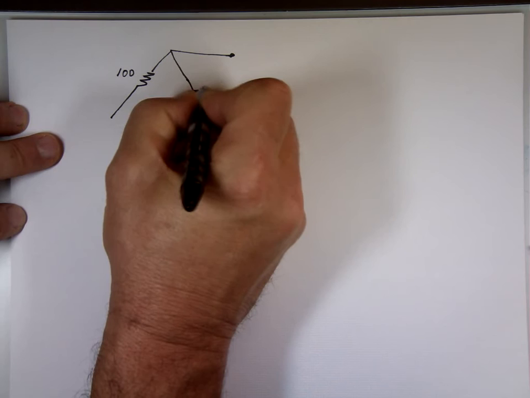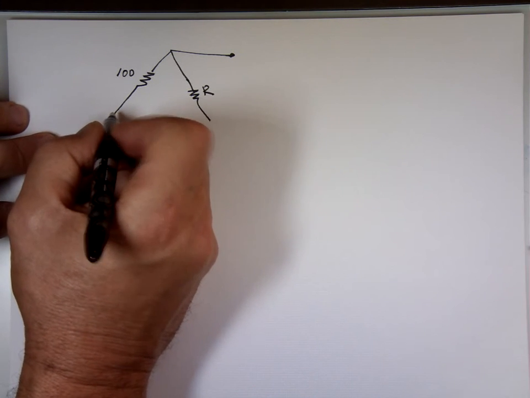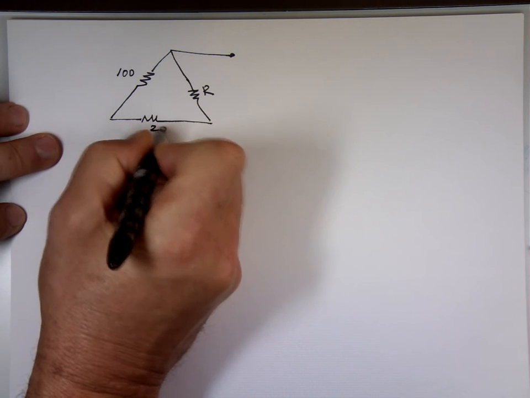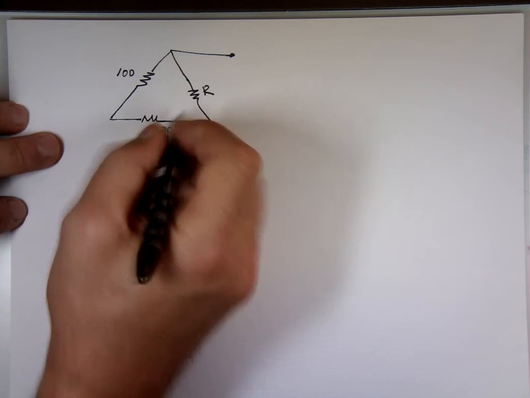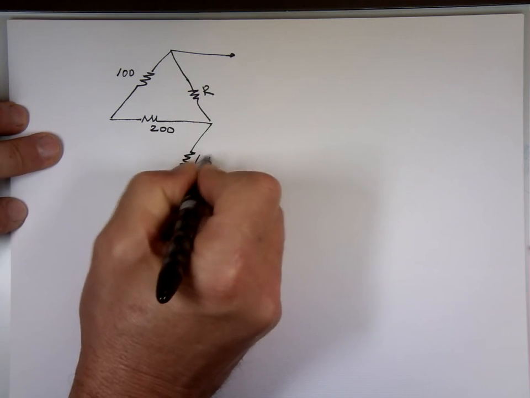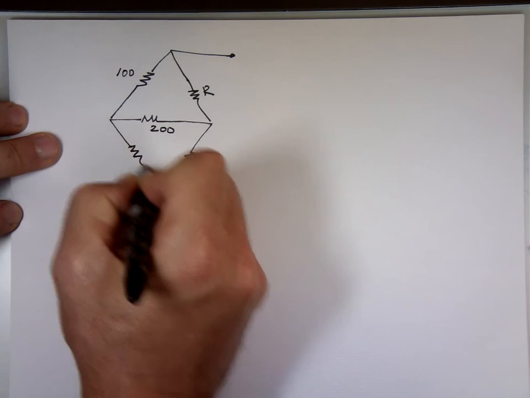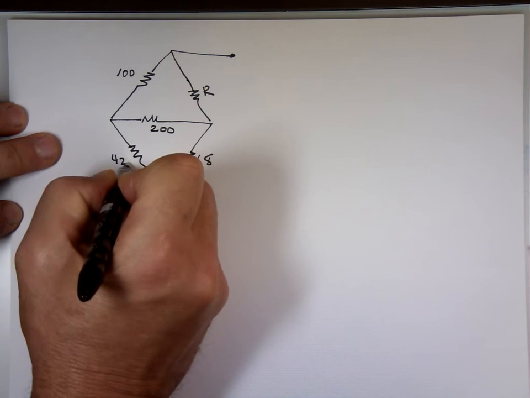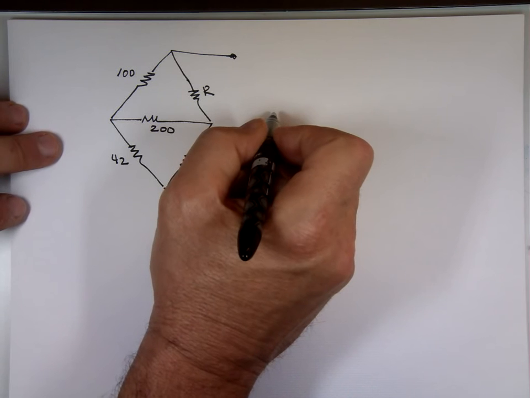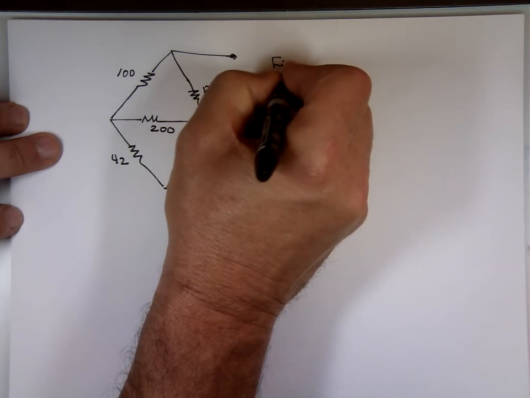This is R. I'm not telling you what R is. This is 200 ohms. This is 68 ohms. This is 42 ohms. Find the value for R.